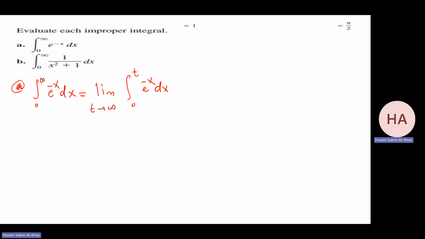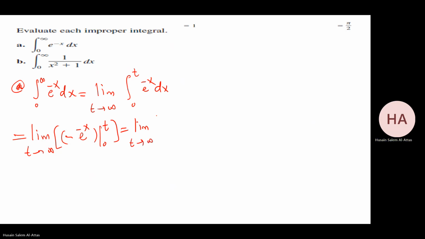As I said, first we start with the integration problem. So I have the limit as t goes to infinity of what's the integral of this? It's minus e to the minus x from 0 to t. That will be the limit as t goes to infinity of minus e to the minus t.